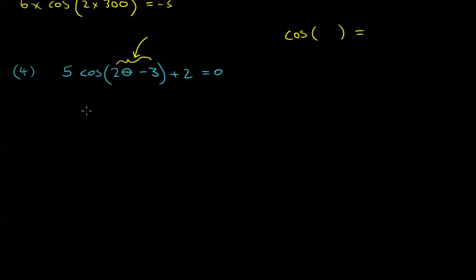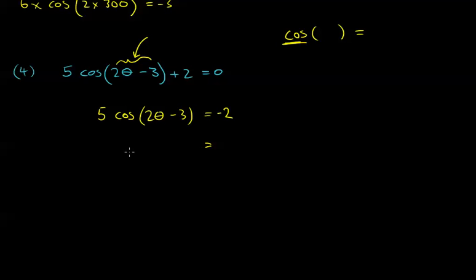So first of all, how do we go about getting the cos bit on its own? We need to get rid of this 2 first of all, so we're going to subtract 2 from both sides. So 0 take away 2 gives us minus 2 here, and 5 cos 2 theta take away 3 is what we've ended up with here.